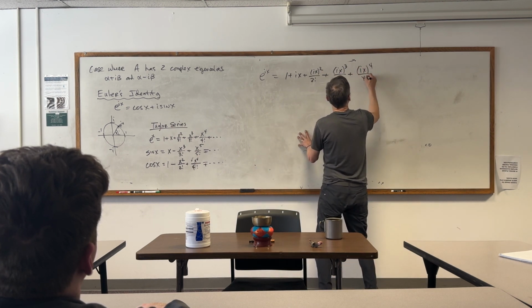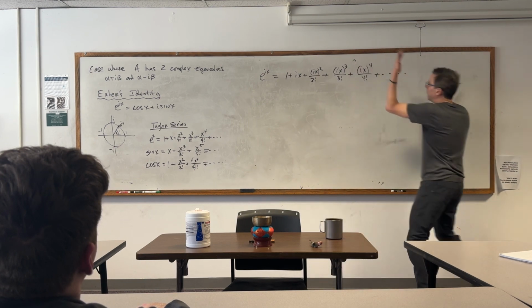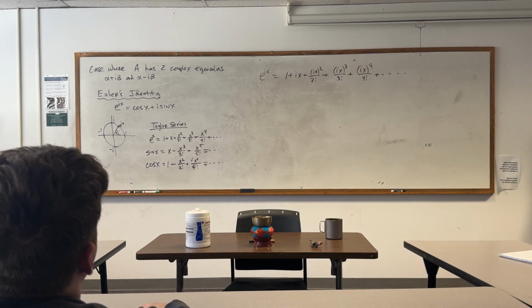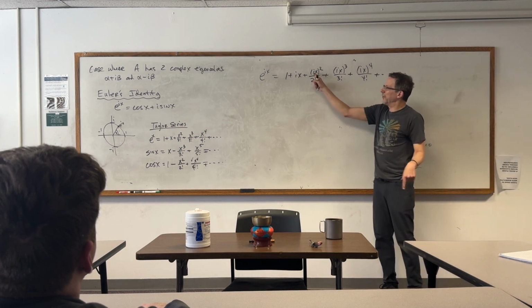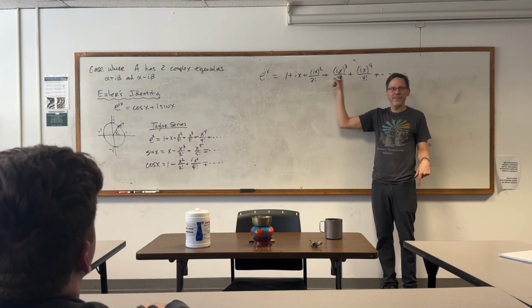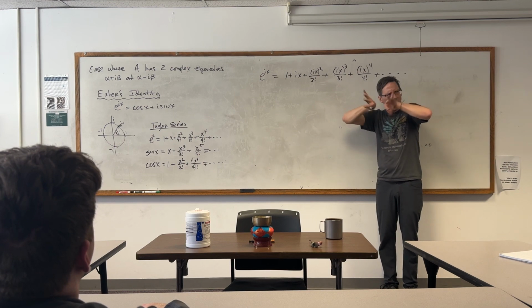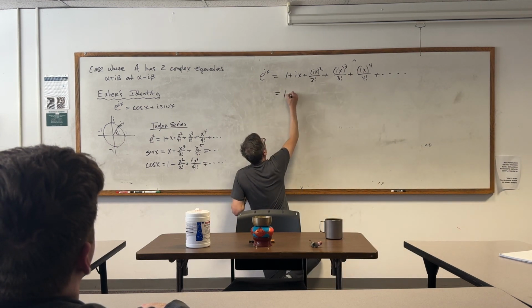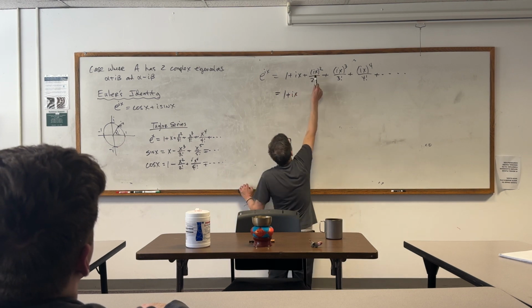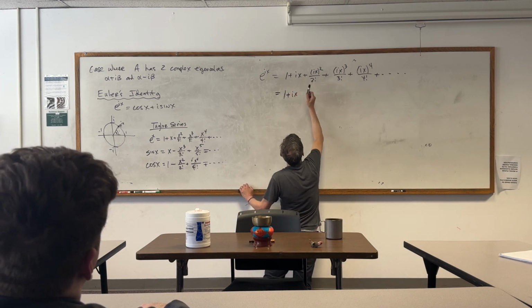Ix to the 4th over 4 factorial. So I'm just plugging that in. And then I'm going to notice that there's a lot of powers of i in here. I'm going to kind of pull those apart from the x. So this is 1 plus ix. This is i squared x squared.